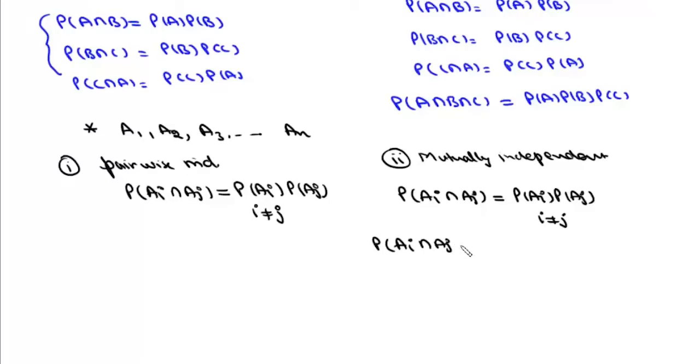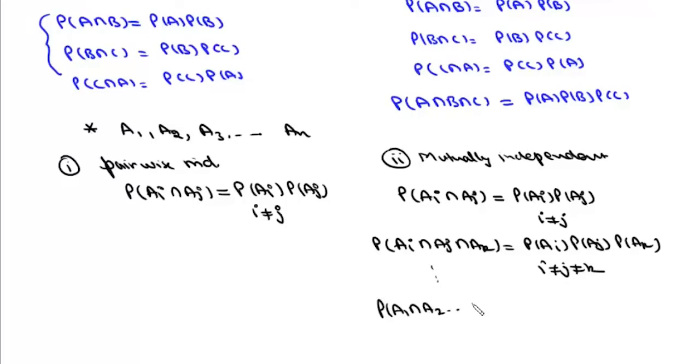P(Ai intersection Aj intersection Ak) will be equal to P(Ai) into P(Aj) into P(Ak), where i is unequal to j, unequal to k, and till we have intersection of all these events A1, A2 and An, and it will be equal to P(A1) into P(A2) into P(An). So that is the difference between pairwise independence and mutual independence.